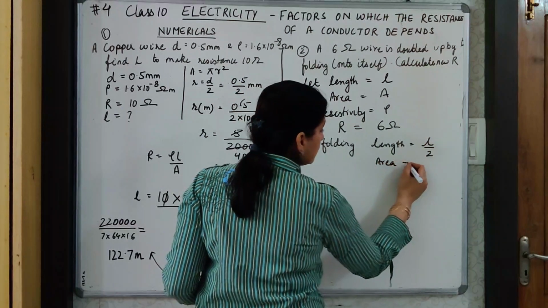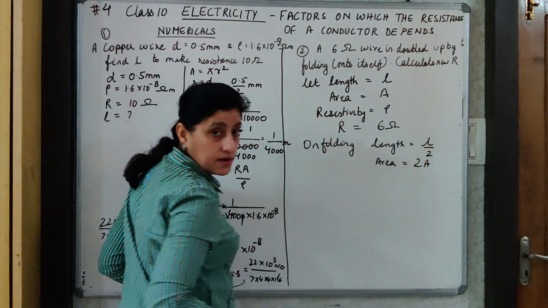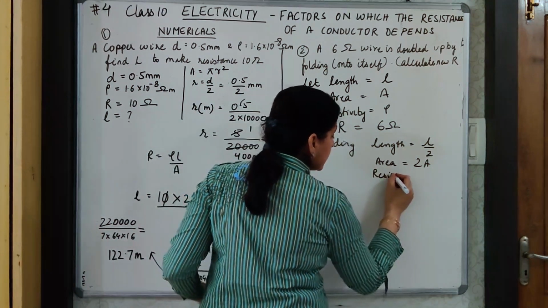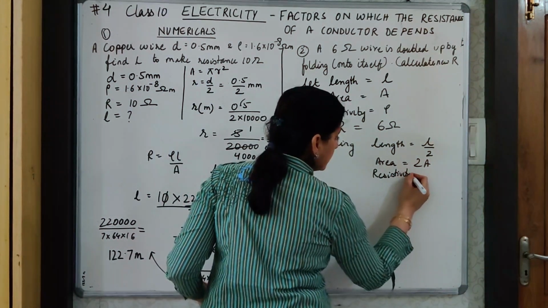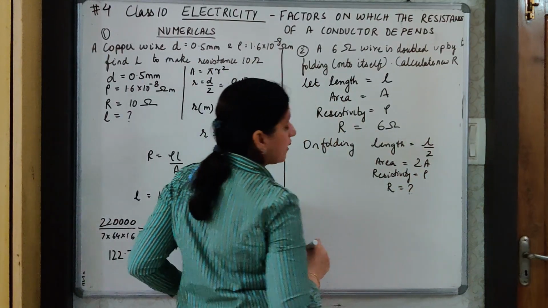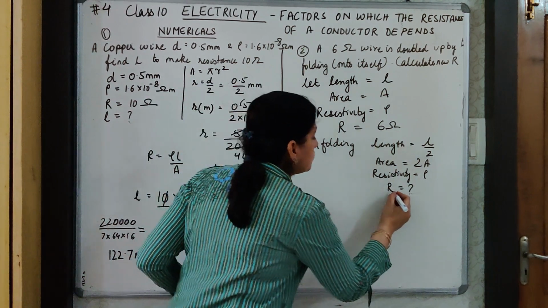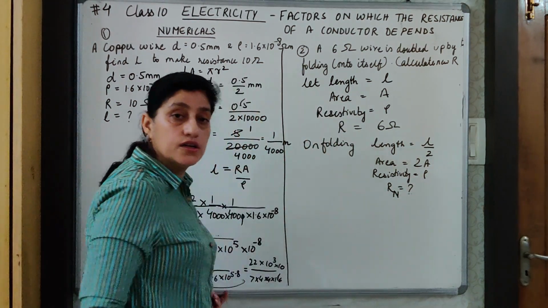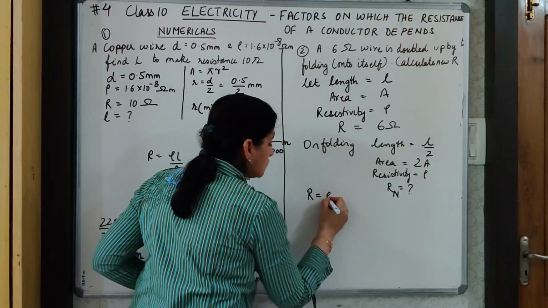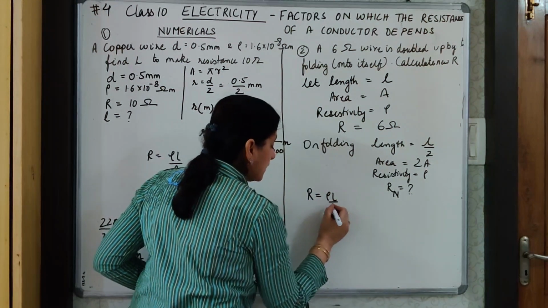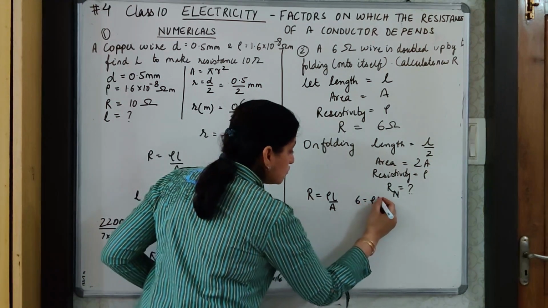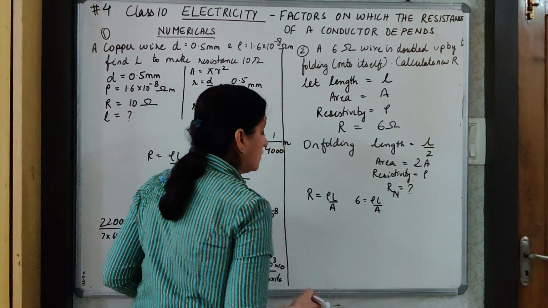The area will become double. Resistivity will remain the same because it is that same wire, and the new resistance we have to find. Let the new resistance be written as R new. So from the first case I get R is equal to rho L upon A, where R is 6. So I write 6 is equal to rho L upon A.